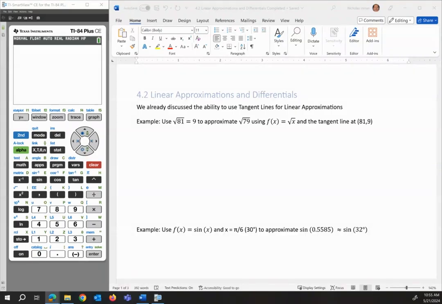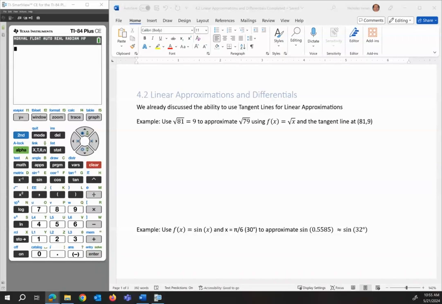All right, so we've already discussed linear approximations in general, how we can use the tangent line to a function to approximate a function. We did this with square roots. We know the square root of 81 is 9, and that's nice and easy.